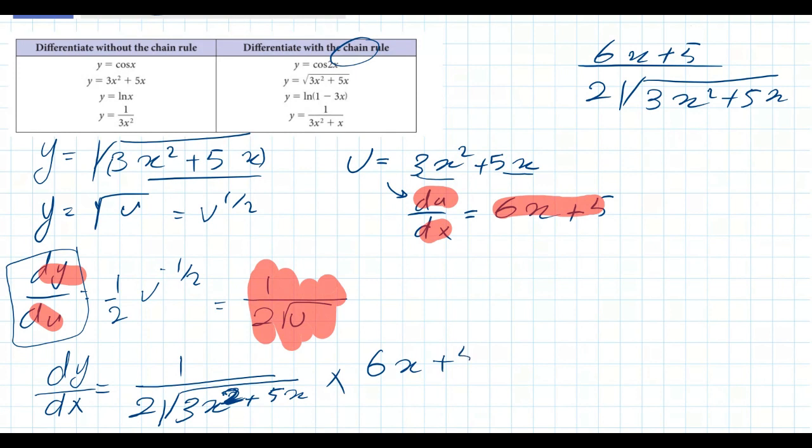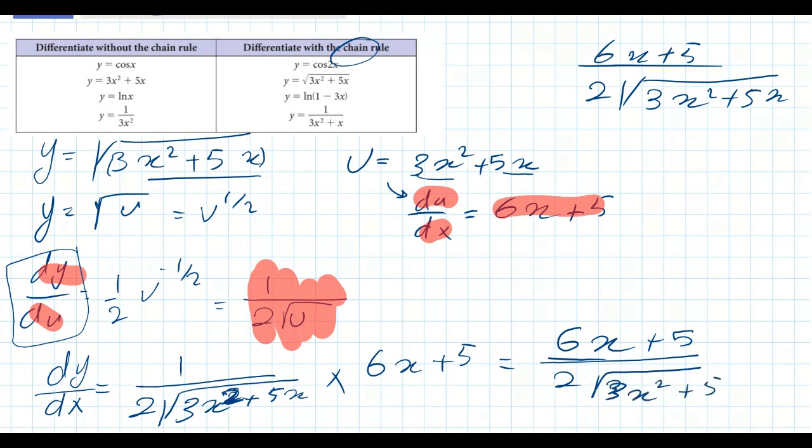Now we found the same result, 6x plus 5 over 2 root 3x squared plus 5x. Same result or not? Yes. Same result, right? Okay, now you need to solve the third one and the fourth one, please.